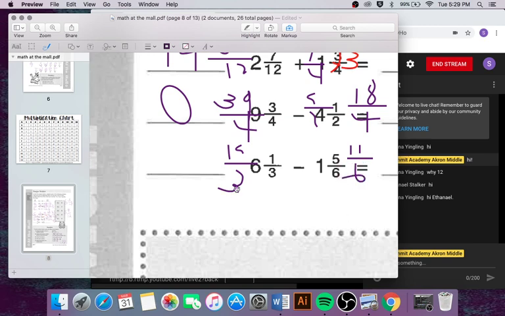We have to figure out the least common multiple between 3 and 6, which is 6. 3 times 2 is 6. So we're going to put this fraction over 6. So we multiplied the denominator times 2, so we have to multiply the numerator times 2. So we have to do 19 times 2, which is 38.